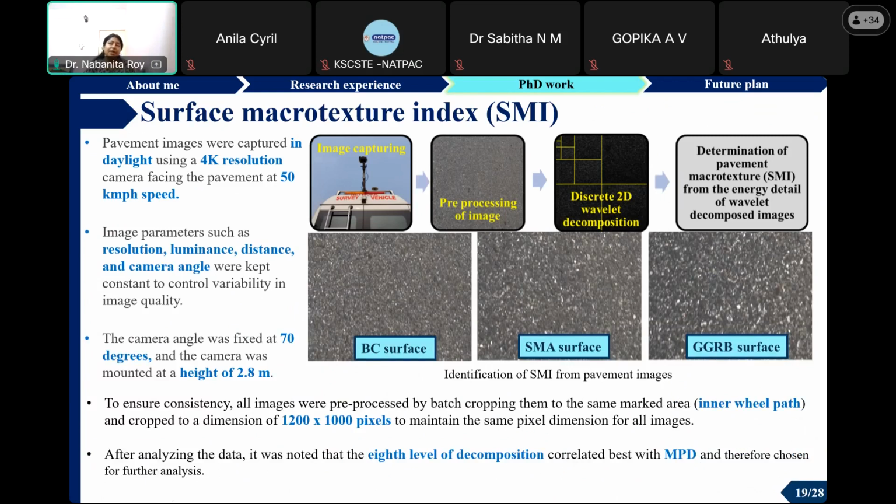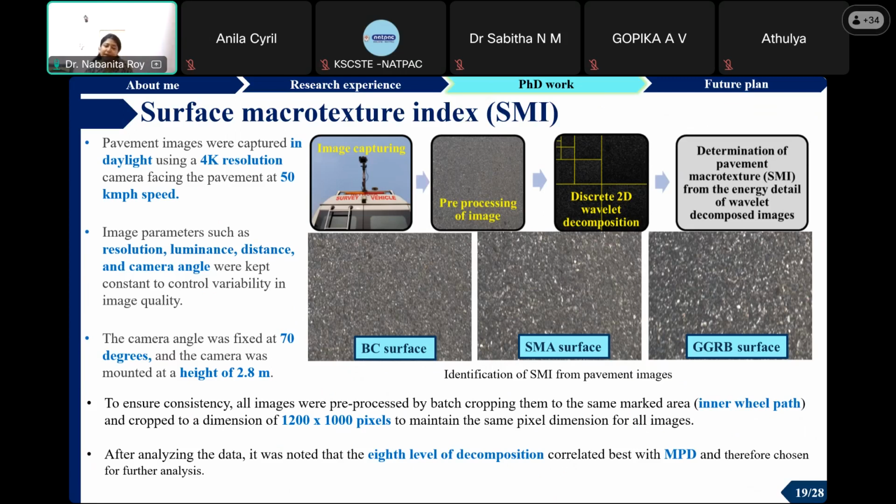Here also we tried to keep all the other parameters constant, like daylight and the same time, and also the resolution, luminance, distance of the camera from the pavement, and camera angle. All those things we tried to keep constant.